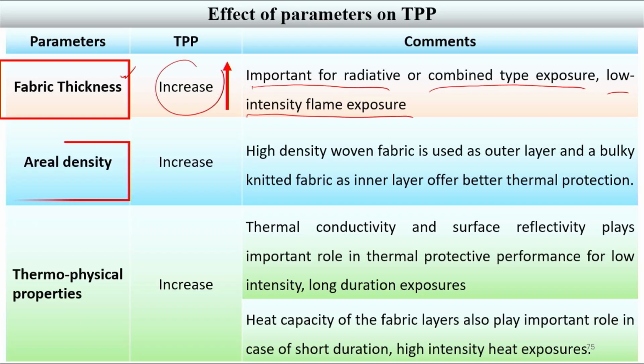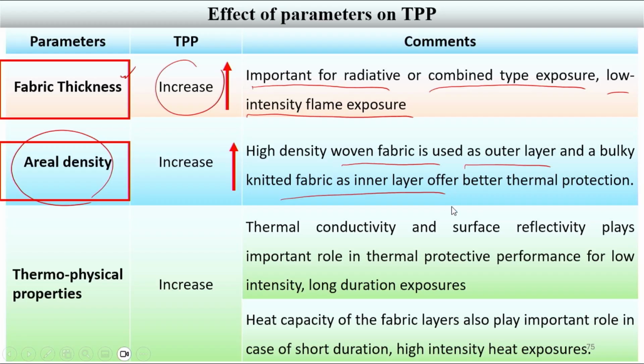Areal density: if we increase the areal density, then the TPP rating will be more, because a high density woven fabric is used as an outer layer and a bulky knitted fabric as an inner layer to offer better thermal insulation.